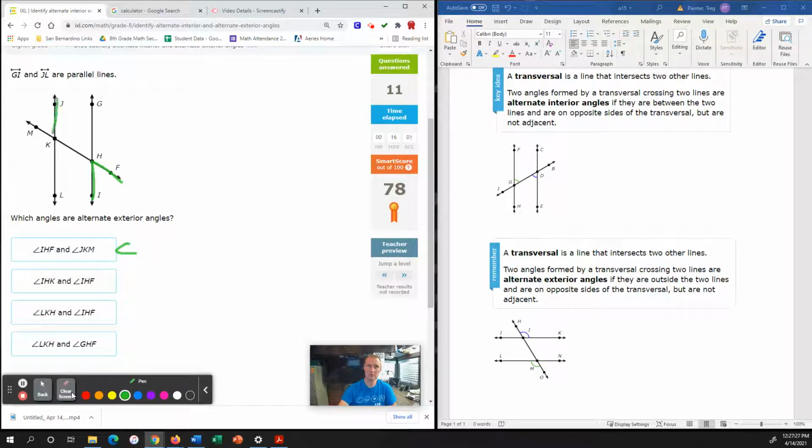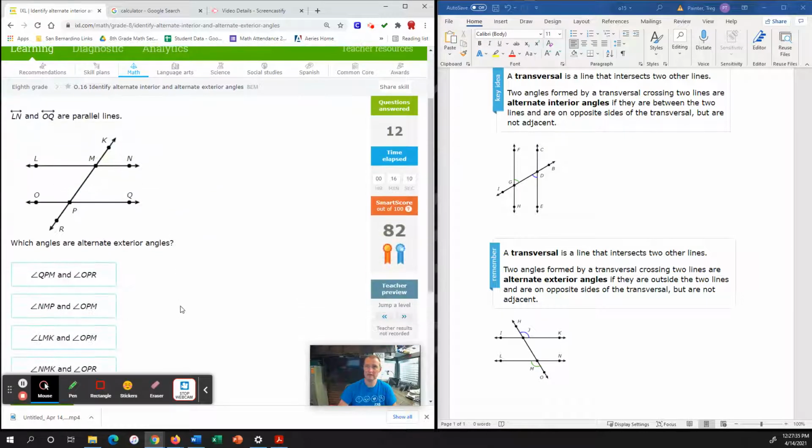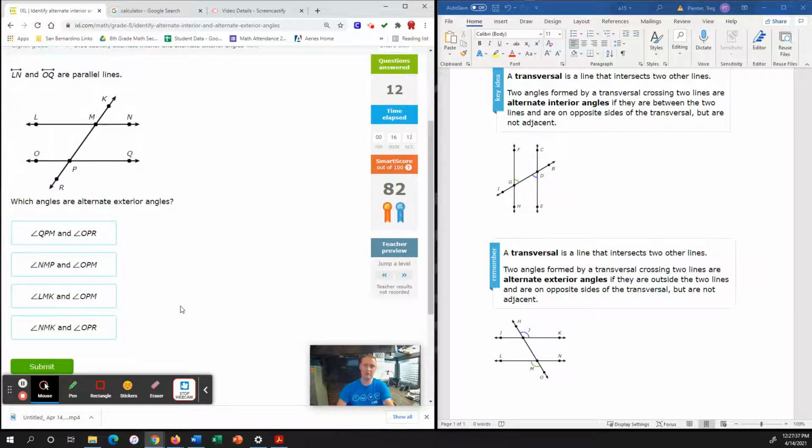Let's see, JKM. That's perfect. JKM. And there we go. That concludes our fabulous tutorial for O.16, the alternate interior and exterior angles. Like I said, you can kind of get them mixed up, but once you get the idea in your mind, it's really not that bad.